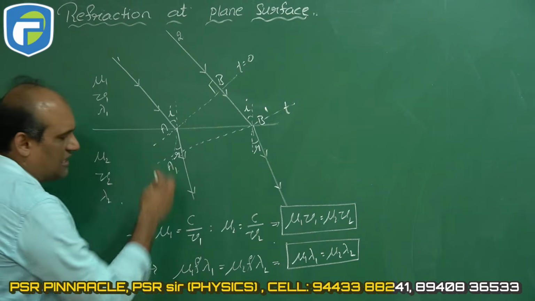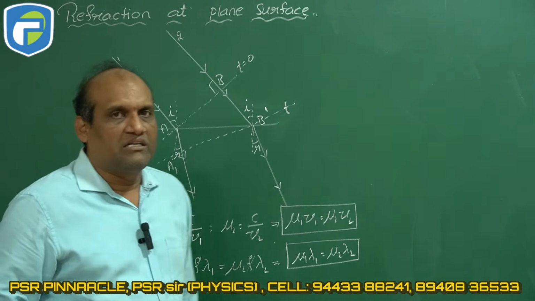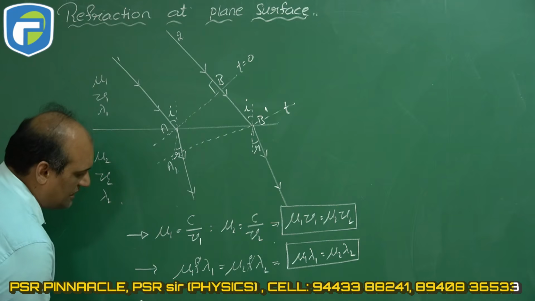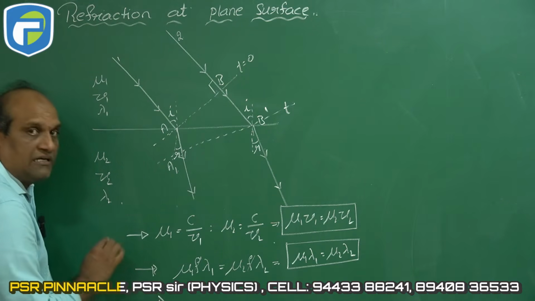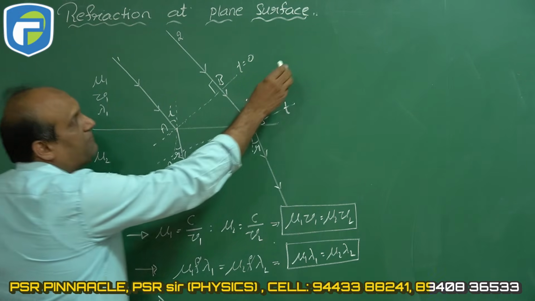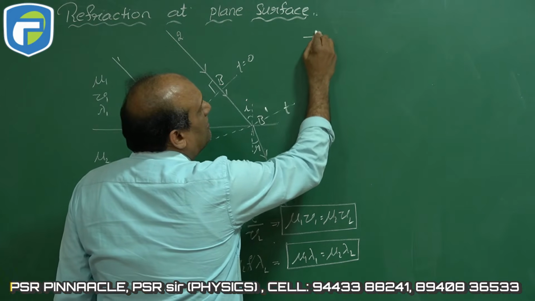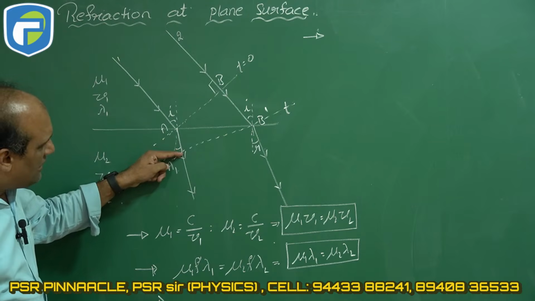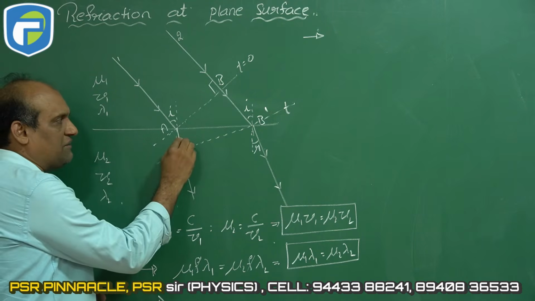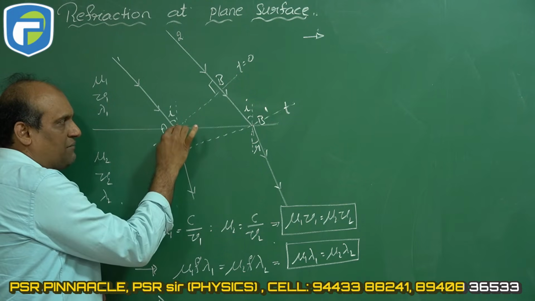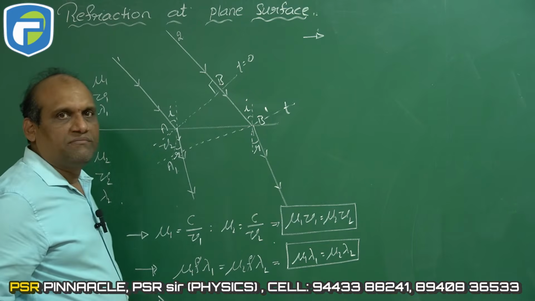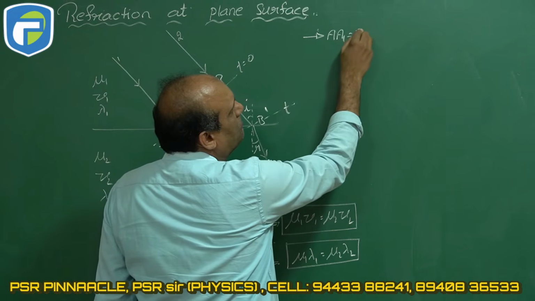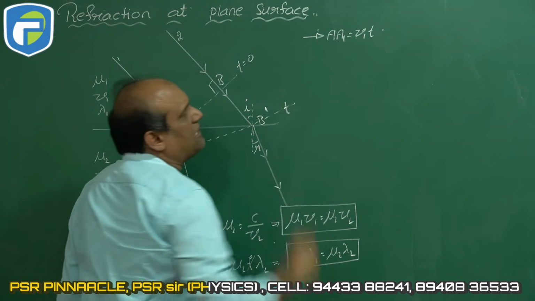You see here, I can write distance equals velocity into time. The distance traveled from here to A1 equals the velocity in this medium, v1, and the time of journey from here to here is t. Means I can say A1 equals v1 into t.